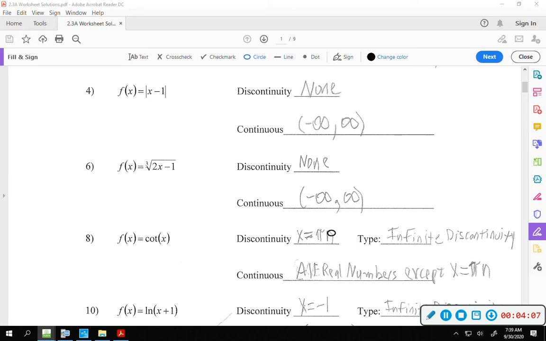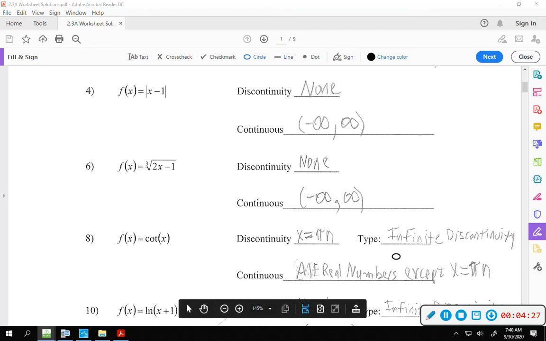You could also use z here instead of n. That really is the letter that represents the set of all integers. Our book tends to use n instead, but in upper level math, when you get into real analysis, they'll use z to represent any integer. These are all asymptotes, so they're all infinite discontinuities.